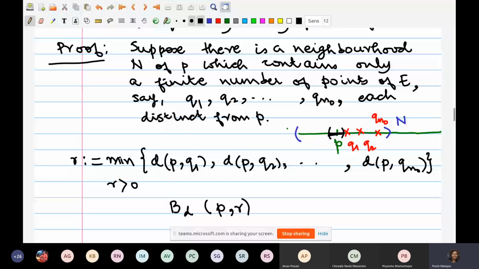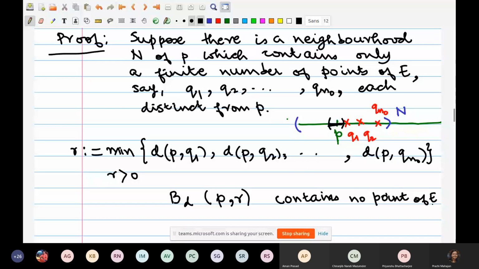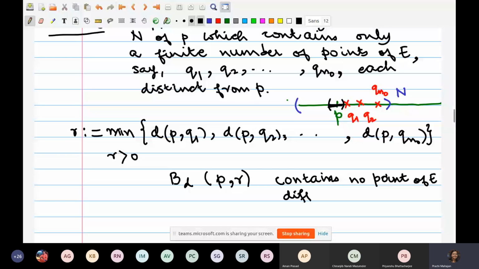Now this, I am saying, contains by construction no point of E different from P. Correct? Yes? So here I have found you a neighborhood of the point P which does not contain any other point of E except possibly the point P.